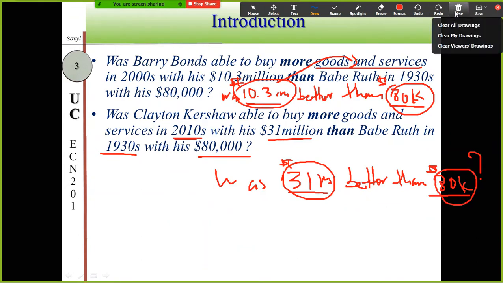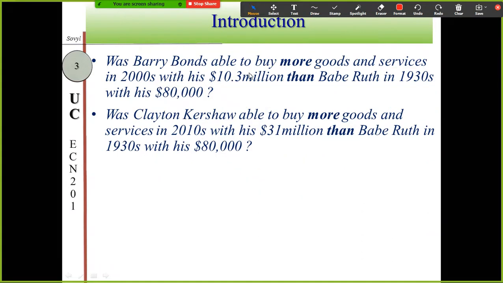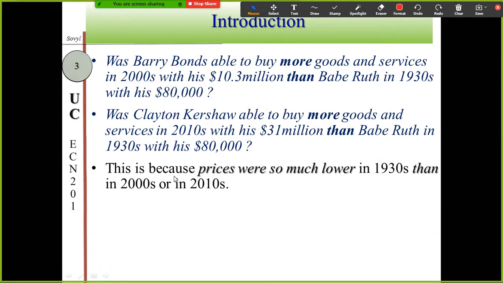That's the meaning of the question. This is because prices were much lower in the 1930s compared to the 2000s or the 2010s.